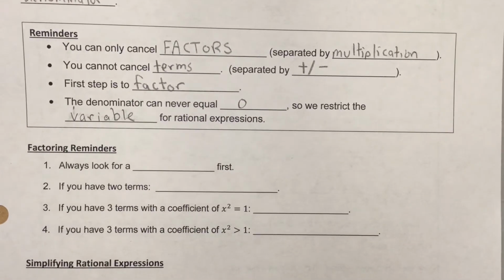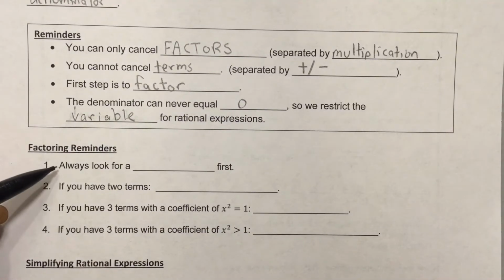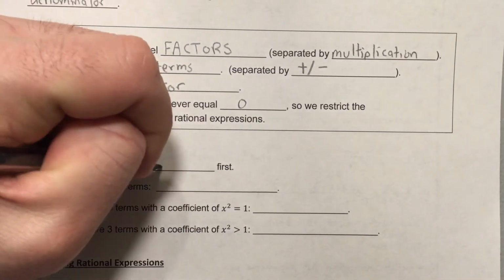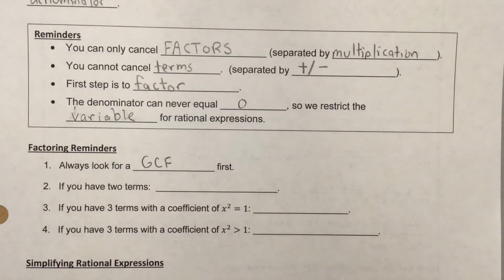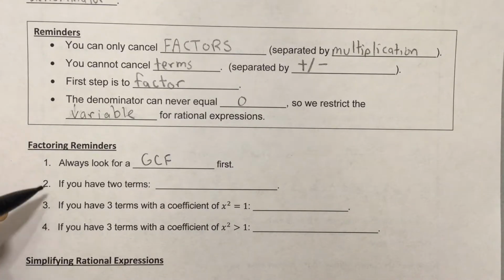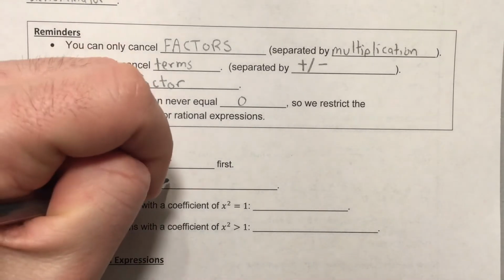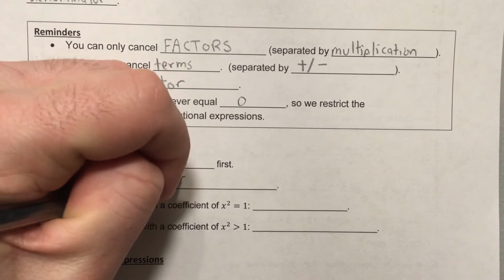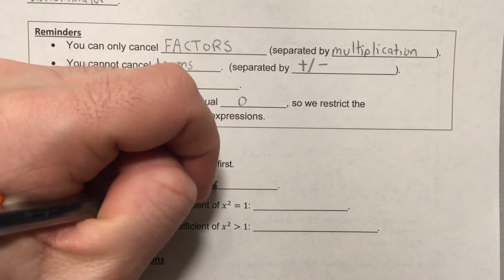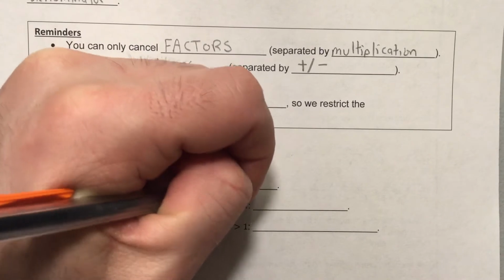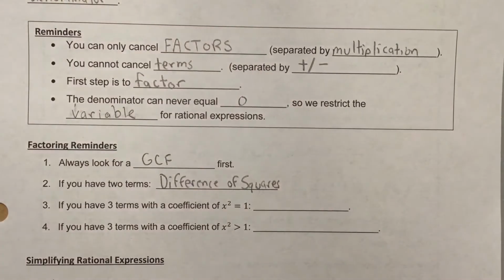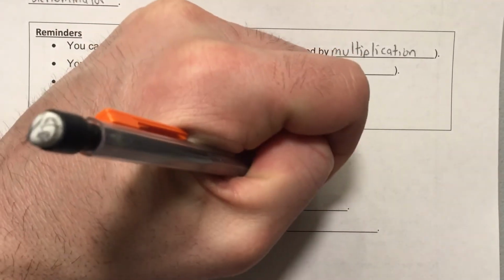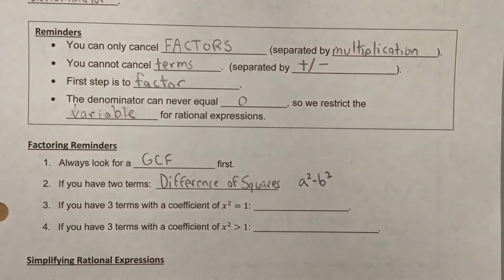But since factoring is such a huge part, remember some factoring reminders. Always look for a GCF first. And again, this goes along with that flow chart. You still have the factoring flow chart, that would come in handy. If you have two terms, you can use difference of squares. Remember, difference of squares is where you have a perfect square minus another perfect square.